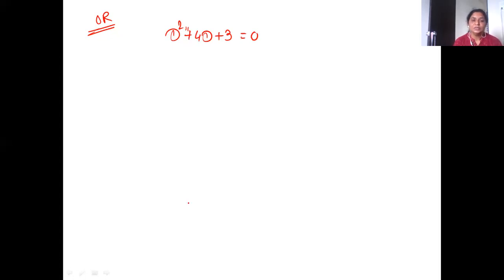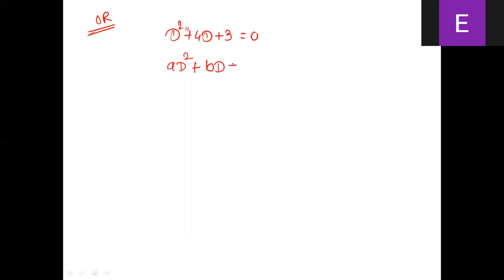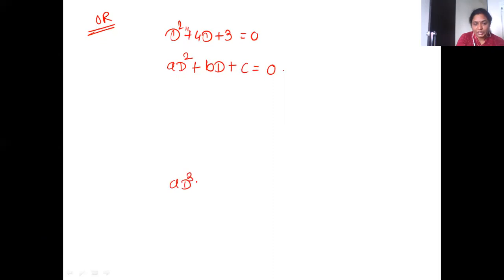Then it is asking you for A. What is A? We compare the given equation to A d square plus B d plus C equal to 0. If it were a cubic equation, you would compare it with A d cube plus B d square plus C d plus D equal to 0. Clear? So what is A here?